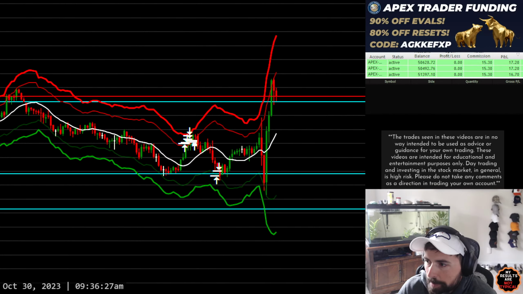I just realized by moving over my thing, now can't see the price.